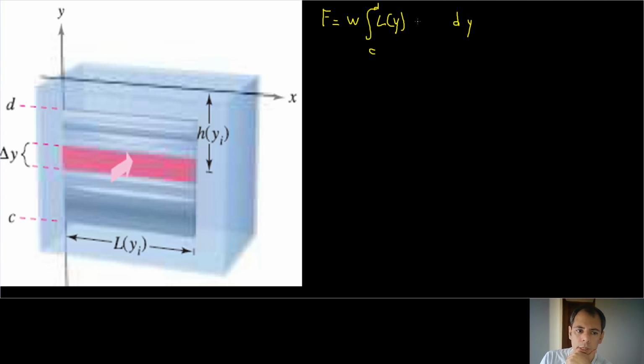The height's just going to be minus y, okay? You're considering that this point right here is 0, 0. All right? So keep that in mind.